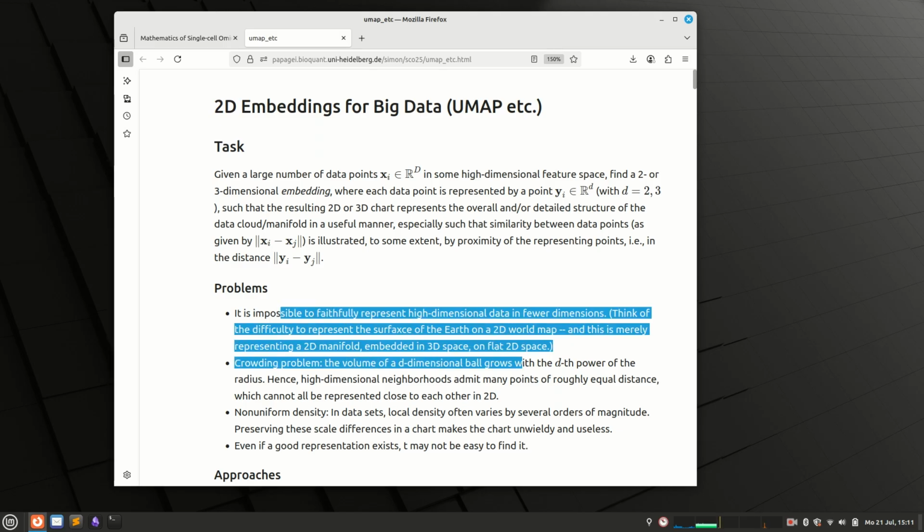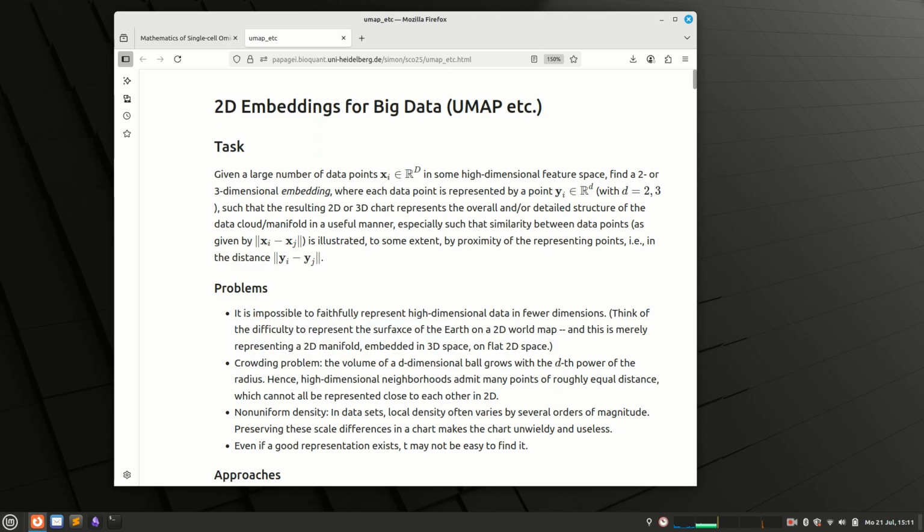The first, as I just said, is that high dimensionality is simply intrinsically difficult. Second, we will come back to this, what they call the crowding problem. If you have a point and the other points which are close to it, then in a two-dimensional area only a small number of points can be close to that.